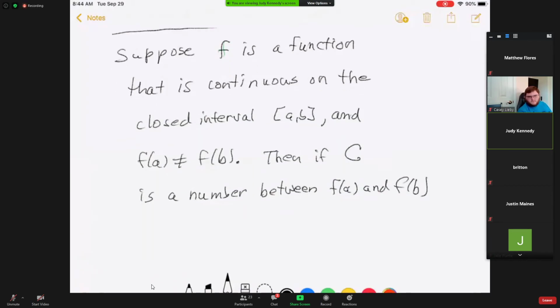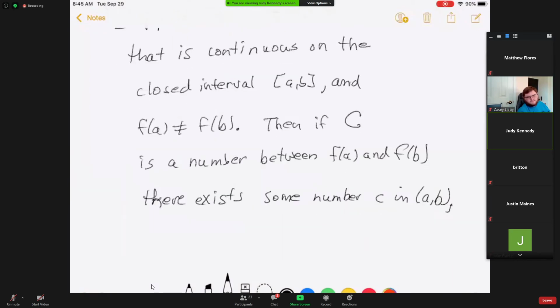If C is a number between f of A and f of B, there exists some number little c in the open interval from A to B such that f of little c is big C.